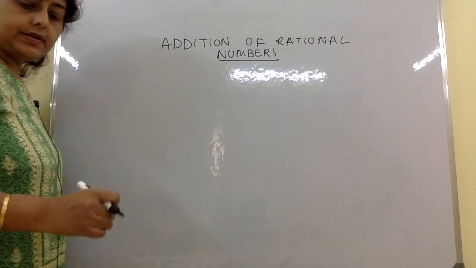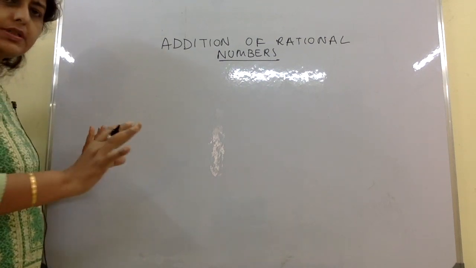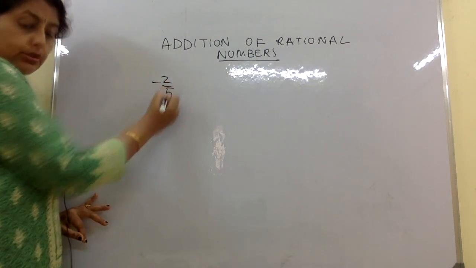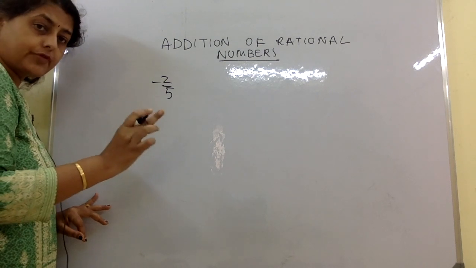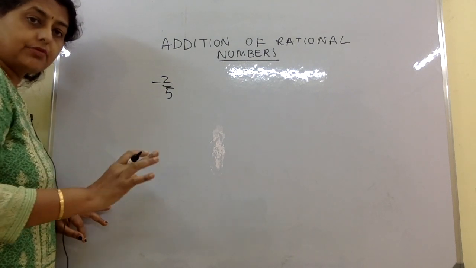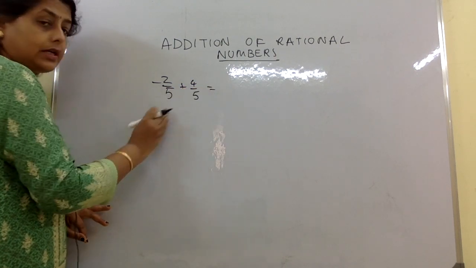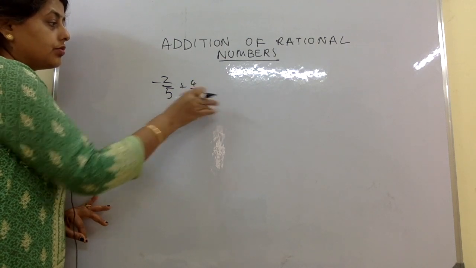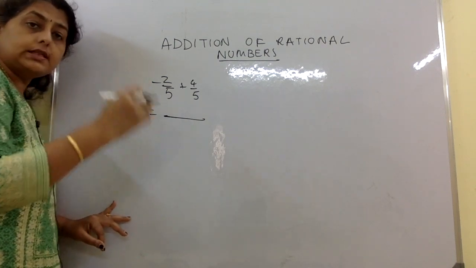Addition of rational numbers. Let us first take a simple question of adding two rational numbers. This is the third exercise of addition of rational numbers from S Agarwal that we are taking up. Plus 4 by 5, very simple. I had told you if the denominator is same, we are not going to do any LCM.